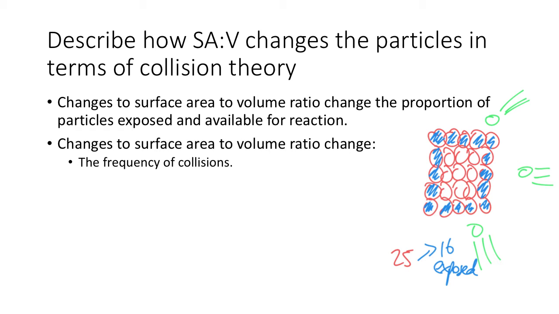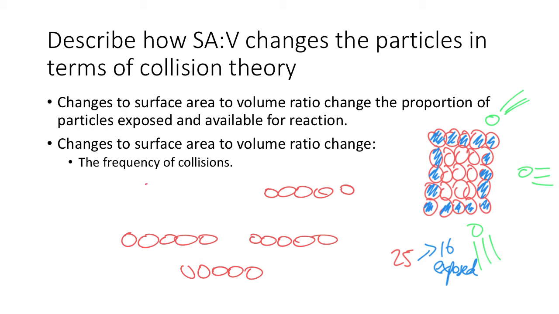However, if I was to take those same 25 particles and split them up into 5 sheets, so 1 sheet, 2 sheets, 3 sheets, 4 sheets, and 5 sheets, so 5 skinny sheets instead of 1 big block, all of these are available to react as particles collide into them.